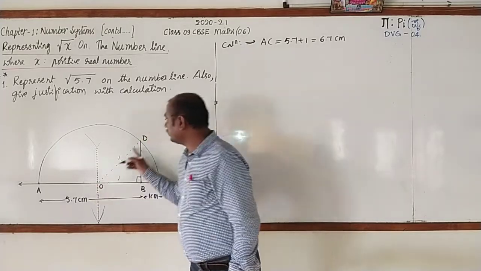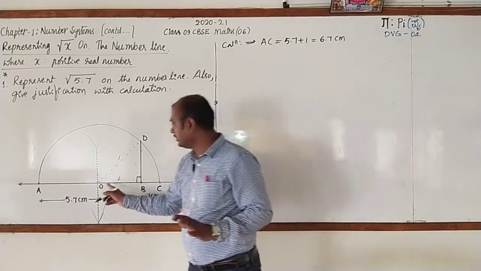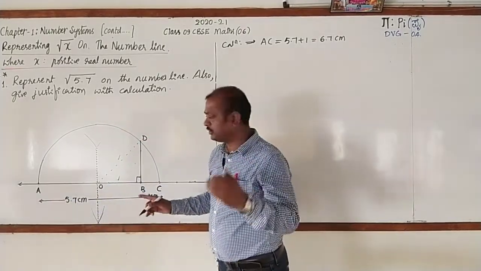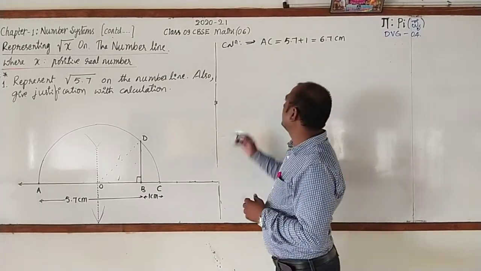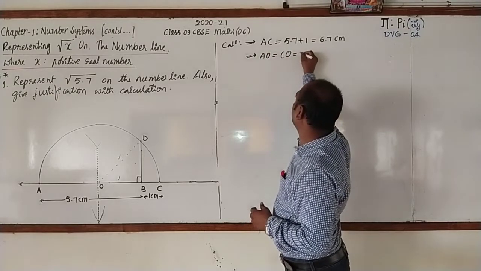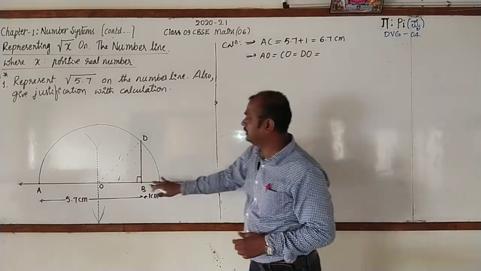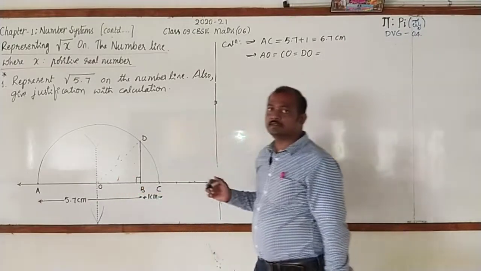Then what do you call OD? It is with respect to semicircle is radius. OA, that is also radius. OC is also radius. I write AO, CO and DO. All these are radius. Then what is the length of this radius?